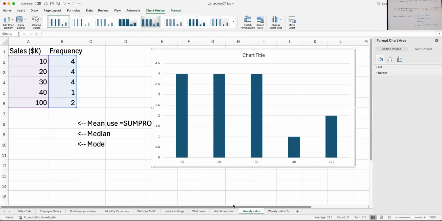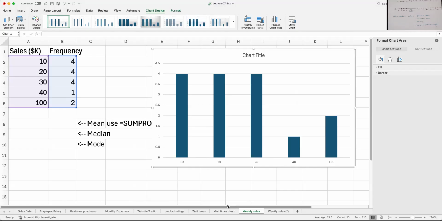It's reading this data as categories. The bottom there is just a list of categories: 10, 20, 30, 40, 100. What's the problem is that that's not scaled at all. It's not considering those like they're numbers, they're just labels.